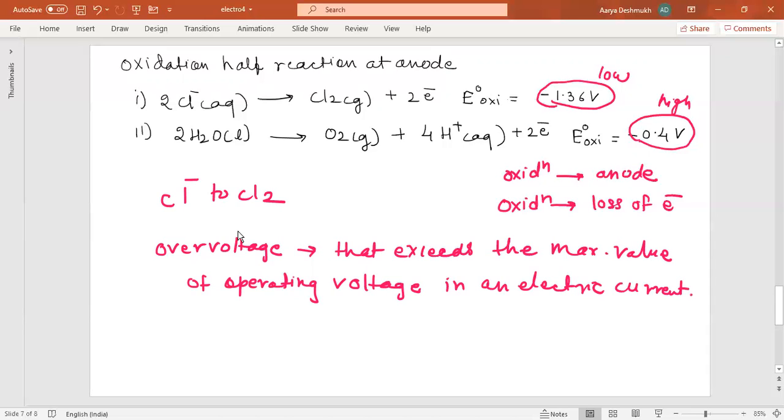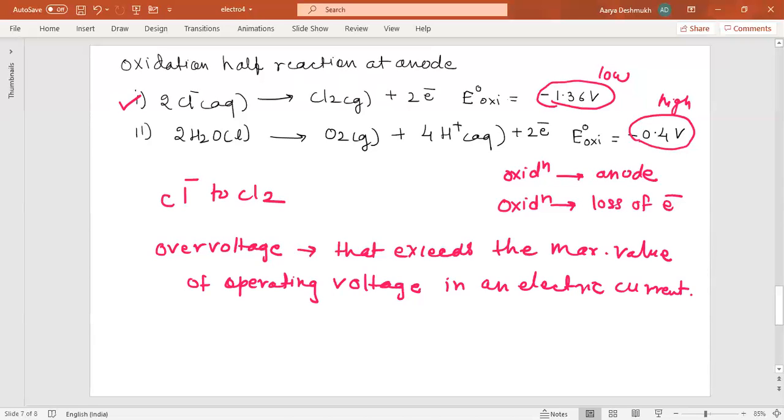So it is expected that there should be release of oxygen gas at the anode, but instead it was found that there is an accumulation of chlorine gas at the anode. Now, for the overall reaction, we'll have to consider this reaction at the anode.